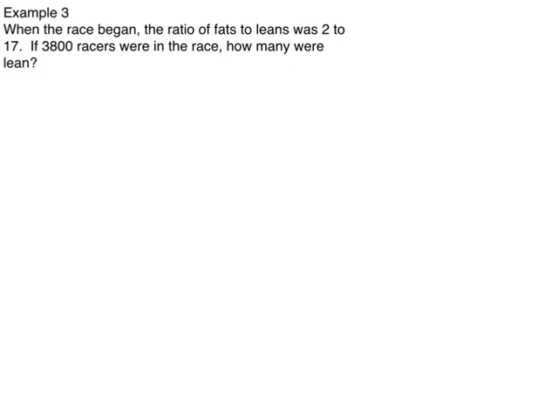In example 3, when the race began, the ratio of fats to leans was 2 to 17. 2 to 17. Fats to leans. If 3,800 racers were in the race, how many were lean? So I need to get a total here. 17 plus 2 is 19.